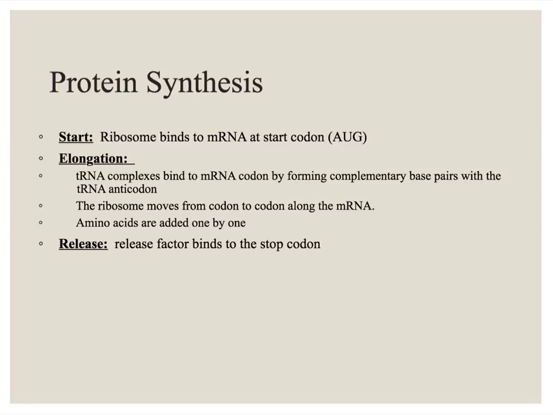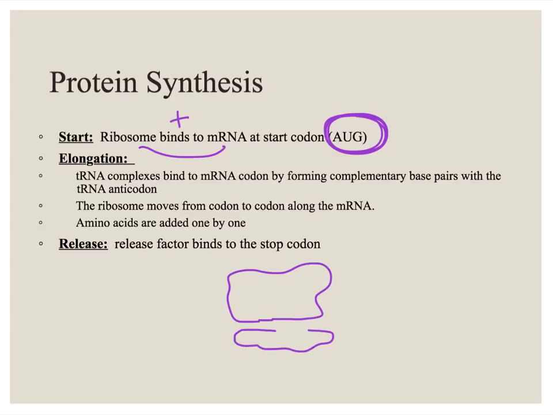So the way protein synthesis starts is that the ribosome binds to the mRNA, okay, at the start. AUG, that's how it starts. Once that happens, so, oh God, I'm going to try to draw this. Here's our ribosome. Here's our mRNA strand, okay?